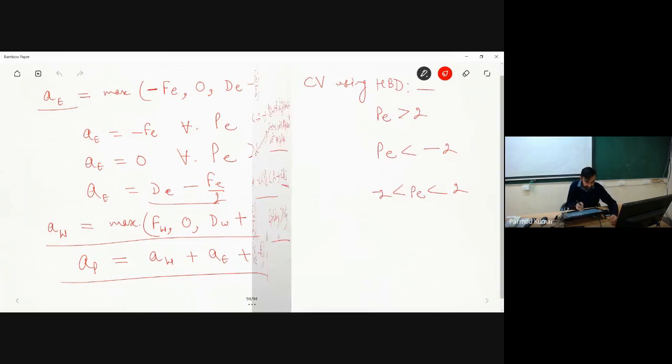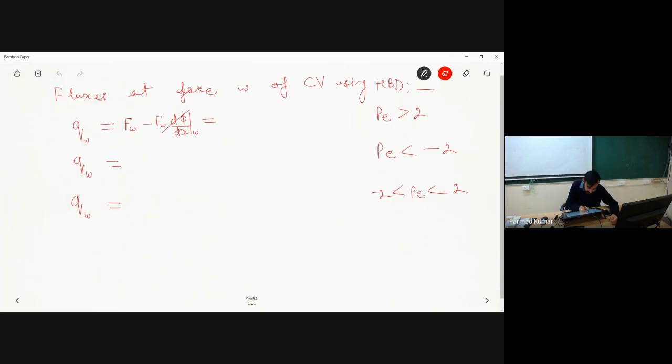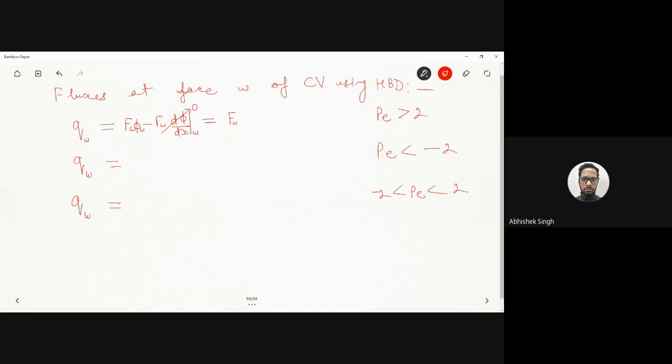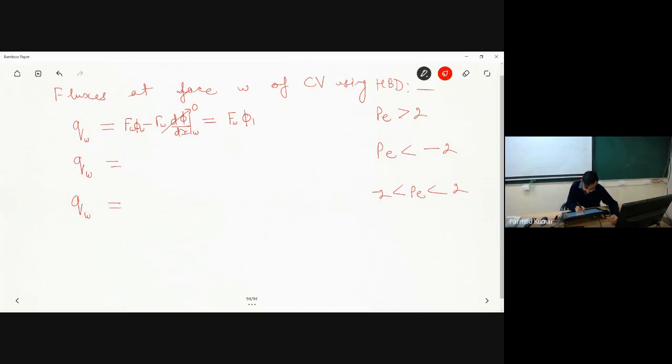So if I set diffusion to 0, this second term will be equal to 0. And if my Peclet number is greater than 2, if I have to estimate the value of phi W, what will be the value of phi W? Can you tell me the value for phi W? Phi capital W. Phi capital W, yes.